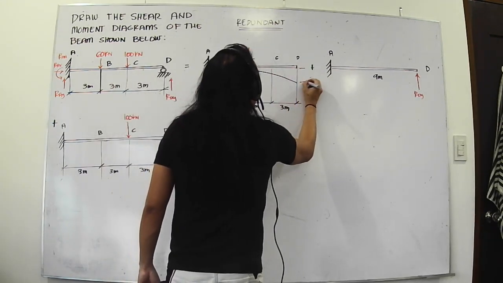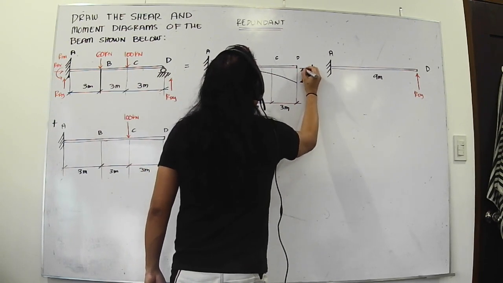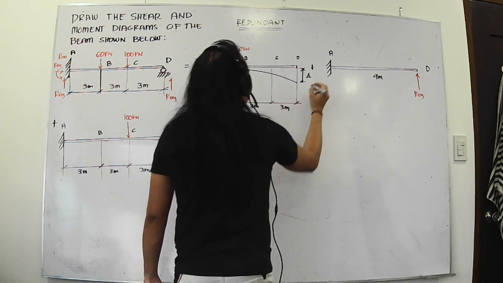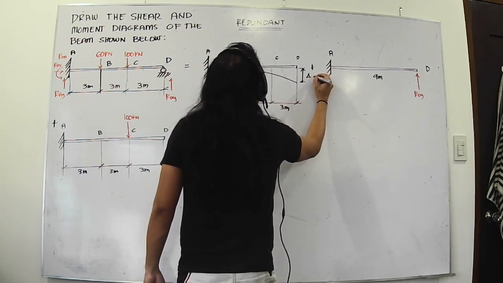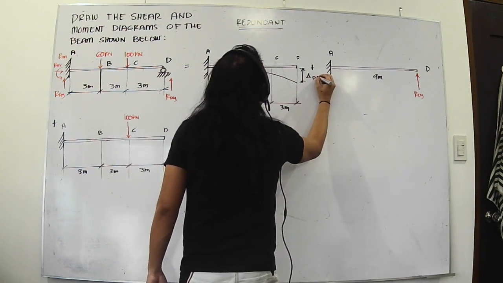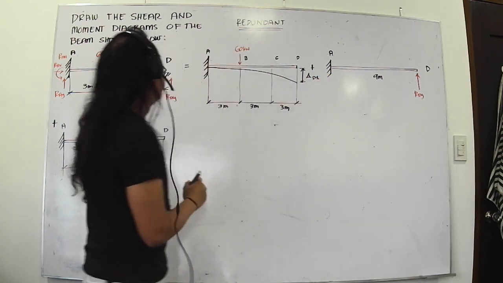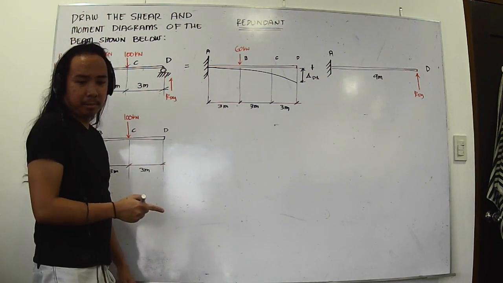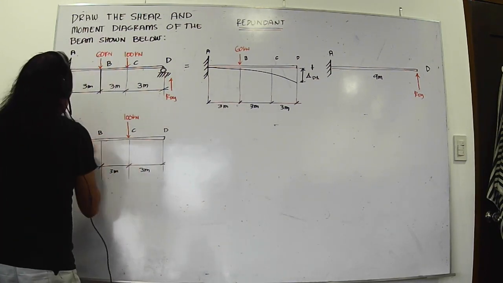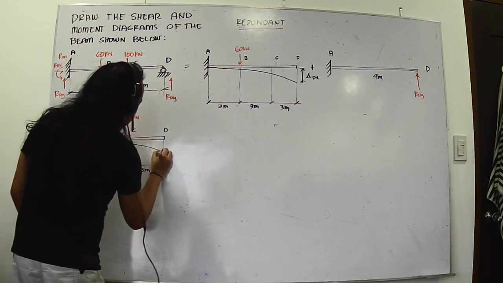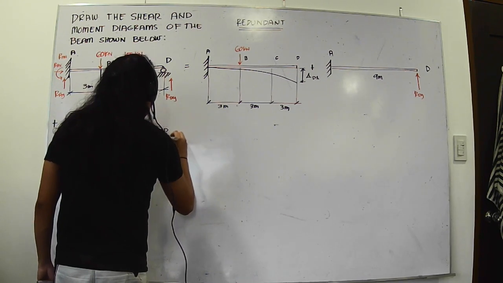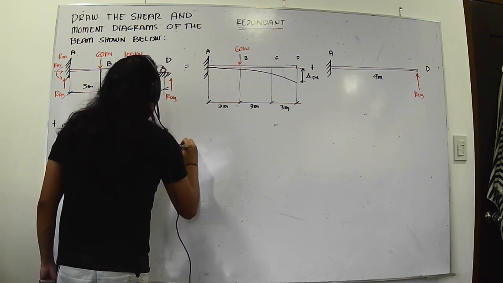The amount of this deflection would be equal to delta D1. Then, with another amount of load, it deflects again. I'll call this delta D2.